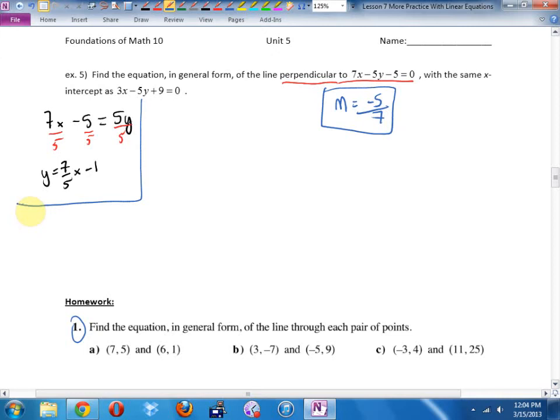What's the second question that I asked myself? Okay, do I have a point? Not yet. Can you read to me after the comma, starting with the word with? With the same x-intercept as 3x minus 5y plus 9 equals 0. That's my point. The x-intercept of that, which begs the question, how do I find the x-intercept of that? How do I find an x-intercept?